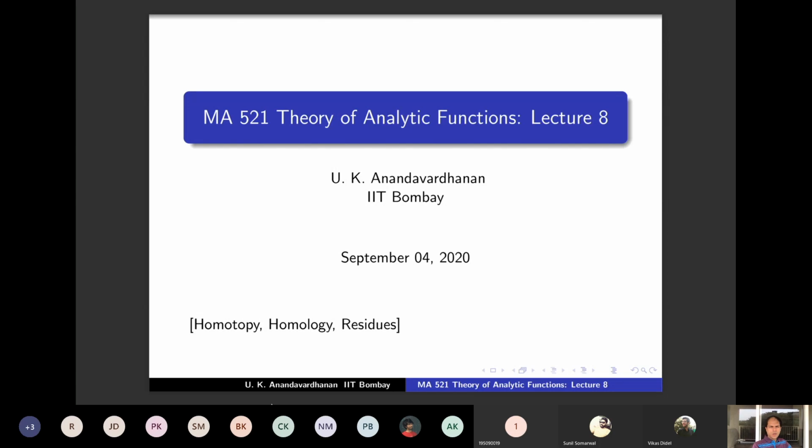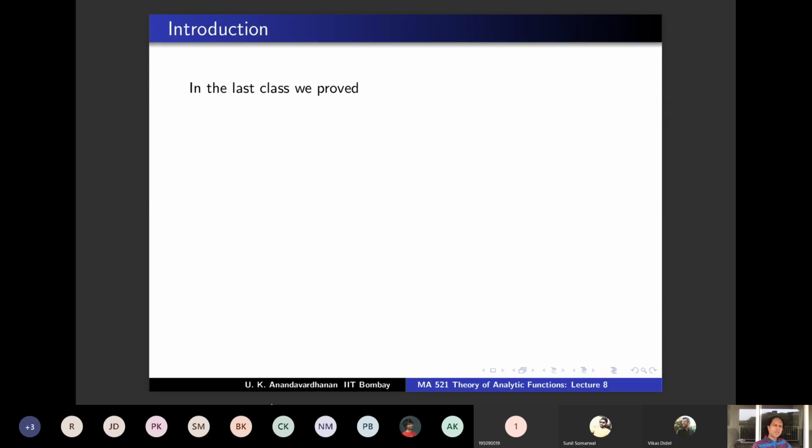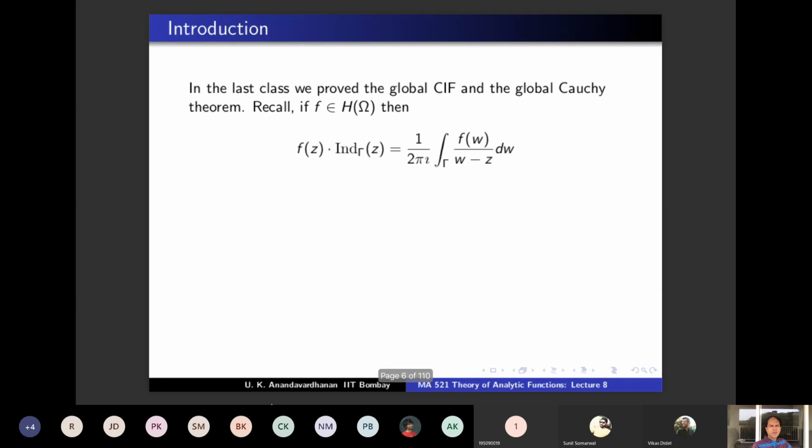Let's recall what we did last time. In the last class, we proved the global Cauchy integral formula, and as a quick corollary, the global Cauchy theorem followed. So quickly recall what this was. If f is holomorphic throughout omega, then this is what is called the Cauchy integral formula: f at a point times the index of that point.